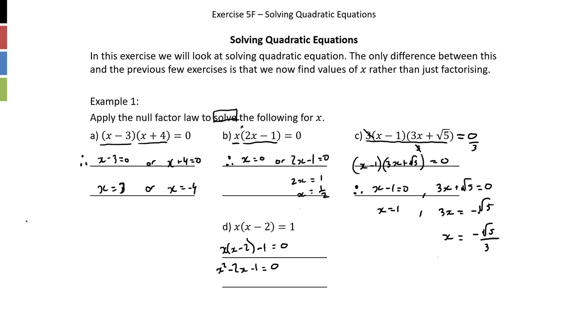So I'm going to do this over here just for some space. We complete the square of x squared minus 2x. Okay, so that middle coefficient term, if you remember back to the previous exercise, okay, this 2, we take the 2, we halve it, okay, and then we square it.